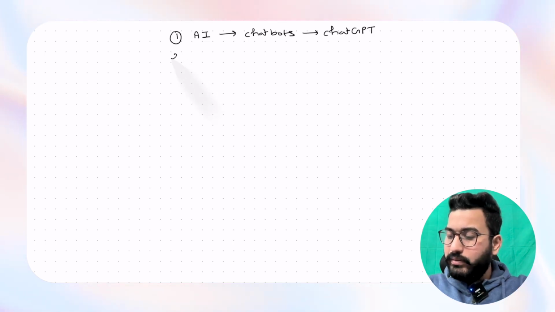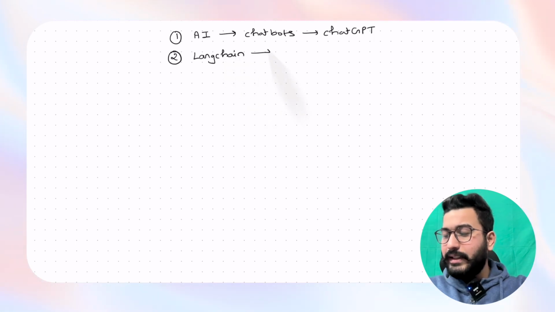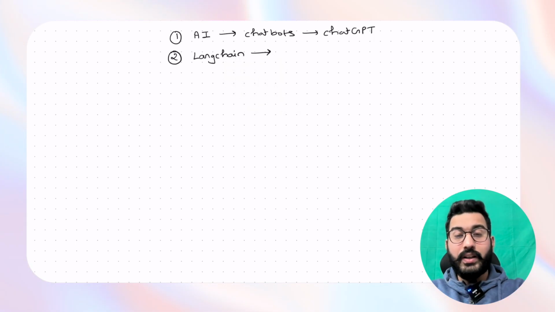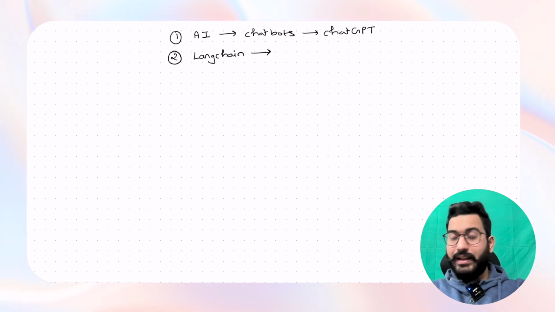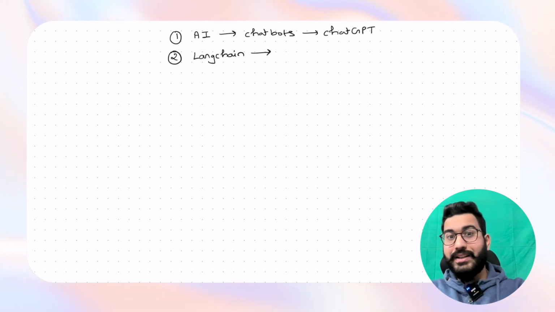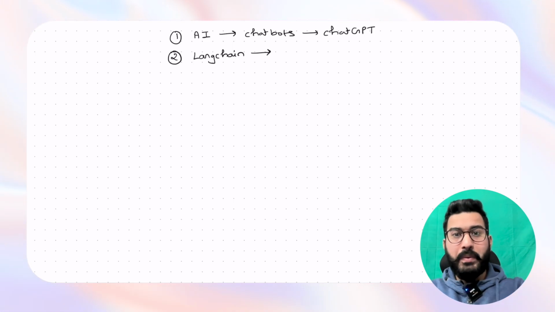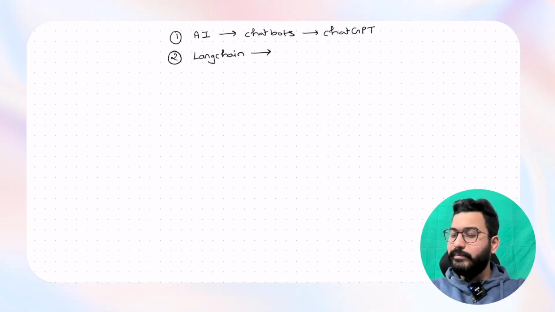In the second video, we understood LangChain. We had a detailed discussion about what LangChain is, what the key components of LangChain are, and also what the library structure of LangChain is. So we talked about various libraries: LangChain Core, LangChain Community, LangChain Classic, LangChain Experimental, LangChain OpenAI, LangChain Anthropic. We talked about all these things.